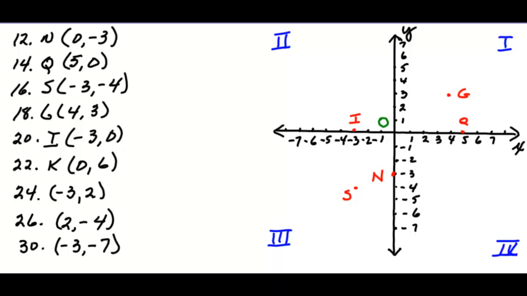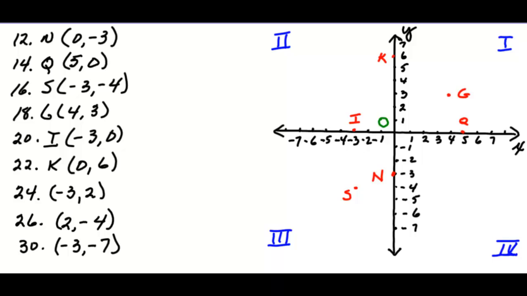For 22, point K is (0, 6). Well, because it's neither going to the right or left on the x-axis, it sits right along the y-axis. And along the y-axis, we have to go up 6. So K sits right here. Number 24, we want to know which quadrant number 24 is in.